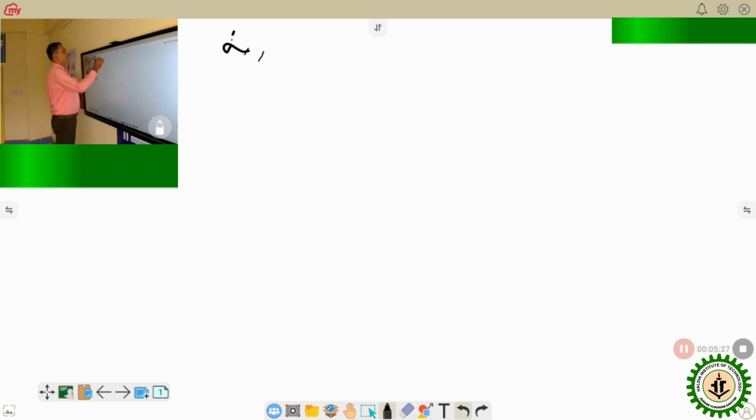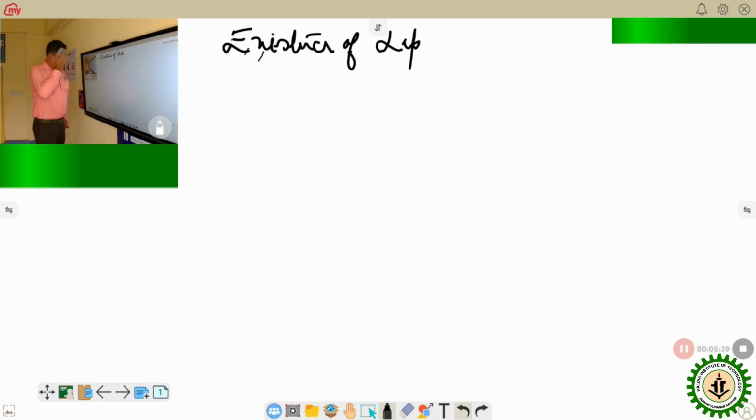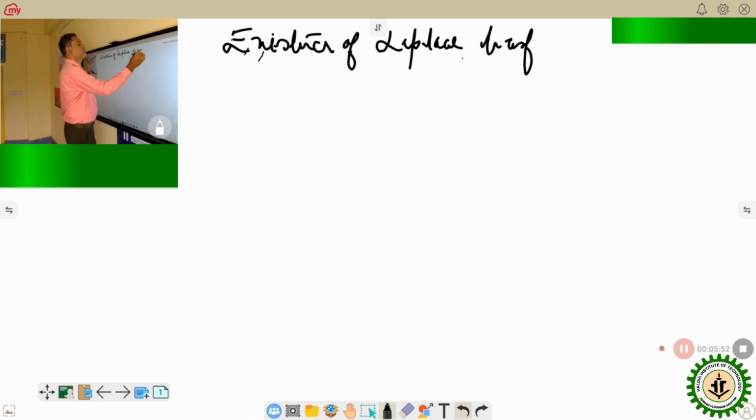Existence of Laplace transform, this is my theorem 2.